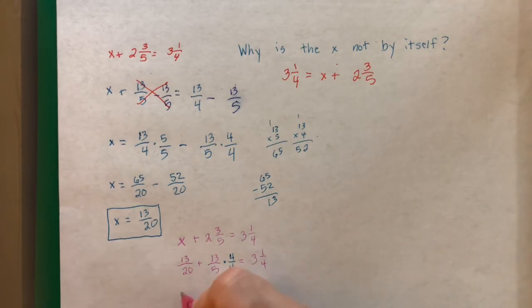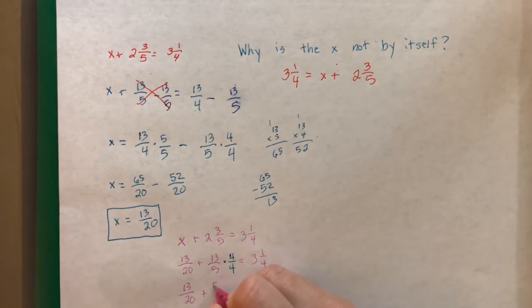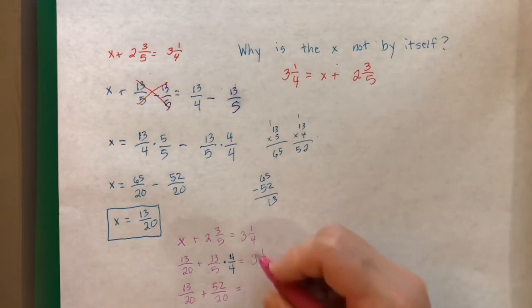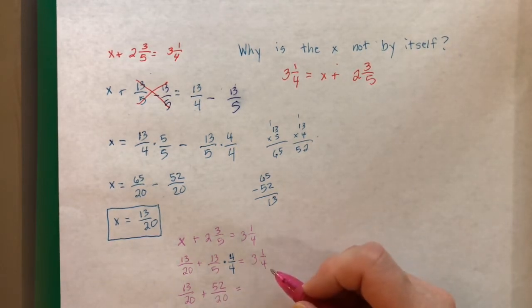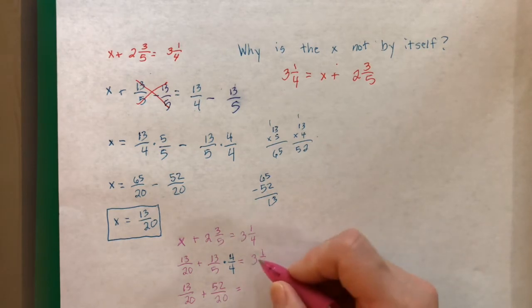Now I have 13/20 plus 13 times 4 is 52/20 equals, now I'm going to change this to an improper fraction. I could either simplify this or I could get an improper fraction on both sides that's the same.